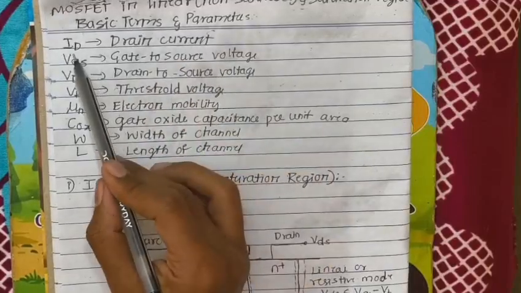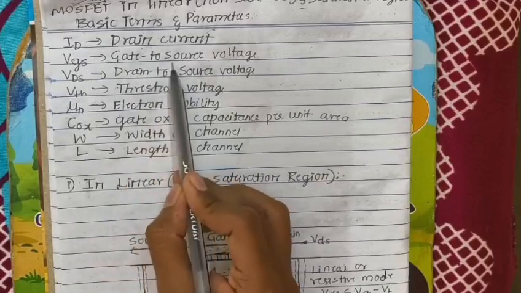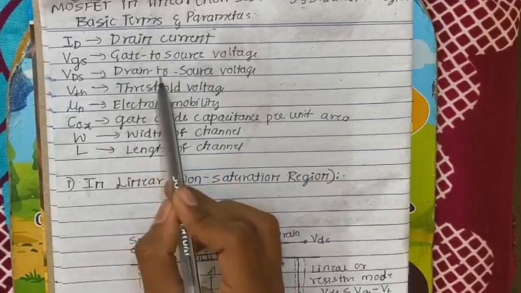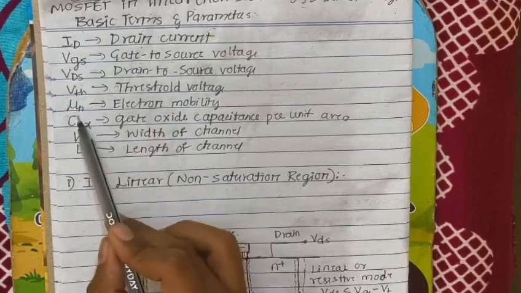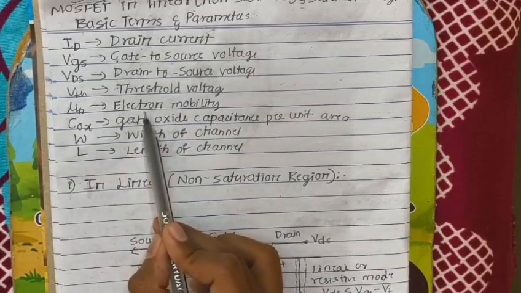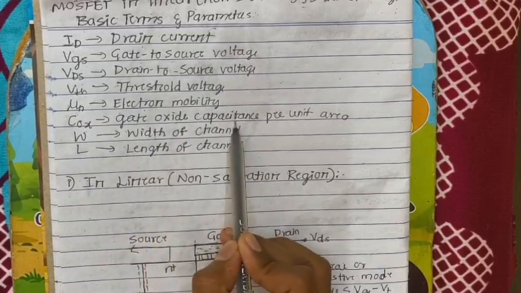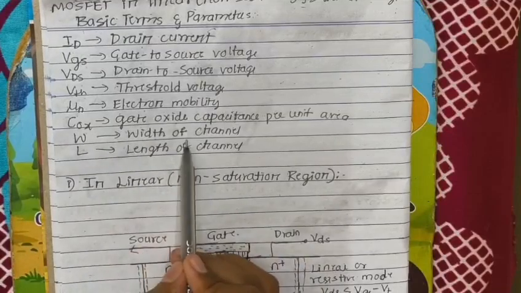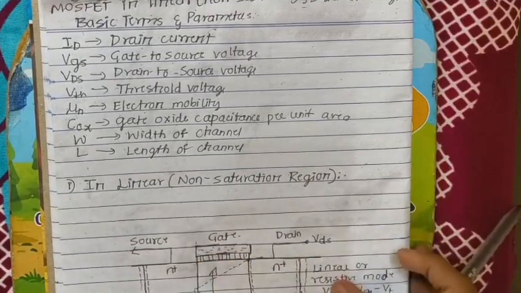ID, drain current; VGS, gate to source voltage; VDS, drain to source voltage; VTH, threshold voltage; UN, electron mobility; COX, gate oxide capacitance per unit area; W, width of the channel; and L, length of the channel.